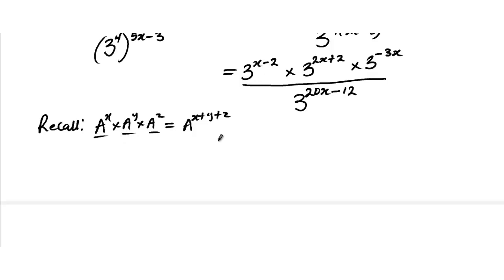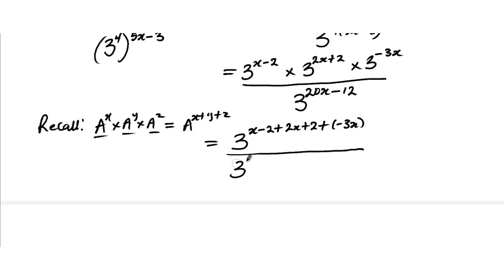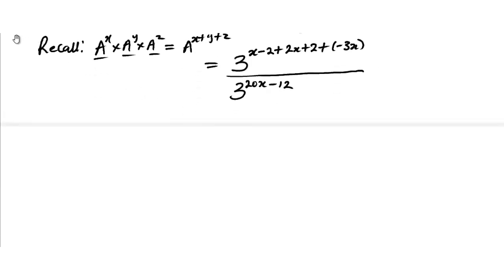So that implies that we can write this to give us 3 raised to power x minus 2 plus 2x plus 2, plus minus 3x, then divided by 3 raised to power 20x minus 12.